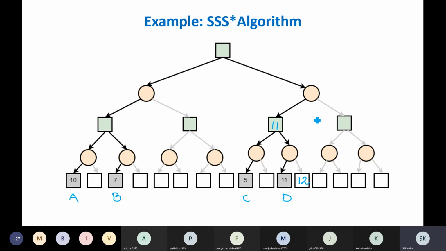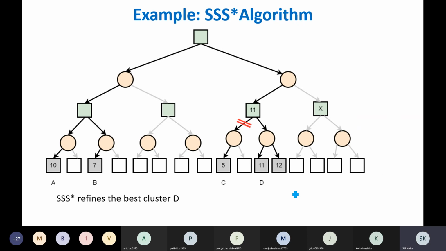So what we will have to do, we will refine it further. Next higher of the min node, that is this one, we will label this right part as X. Okay, we will label that as X, which is common to both this cluster C and D in this way.